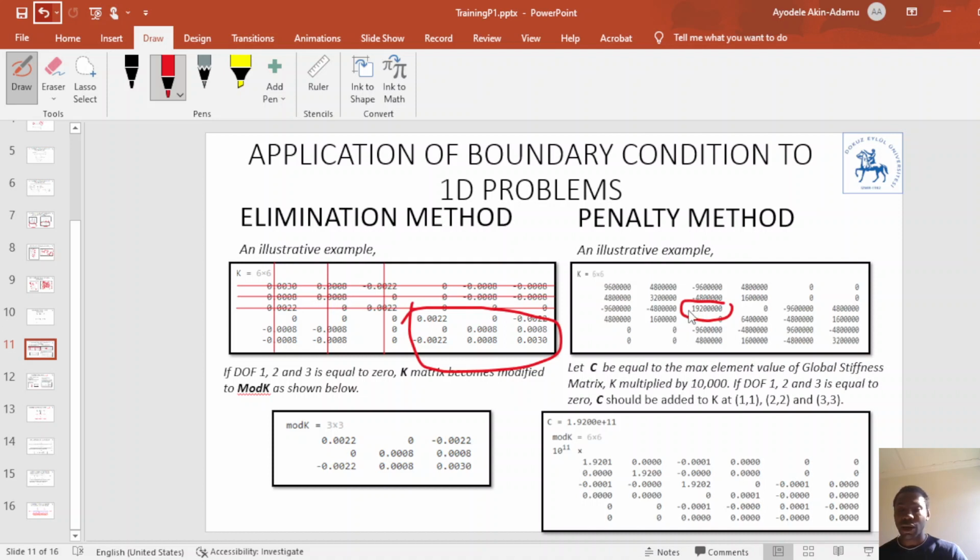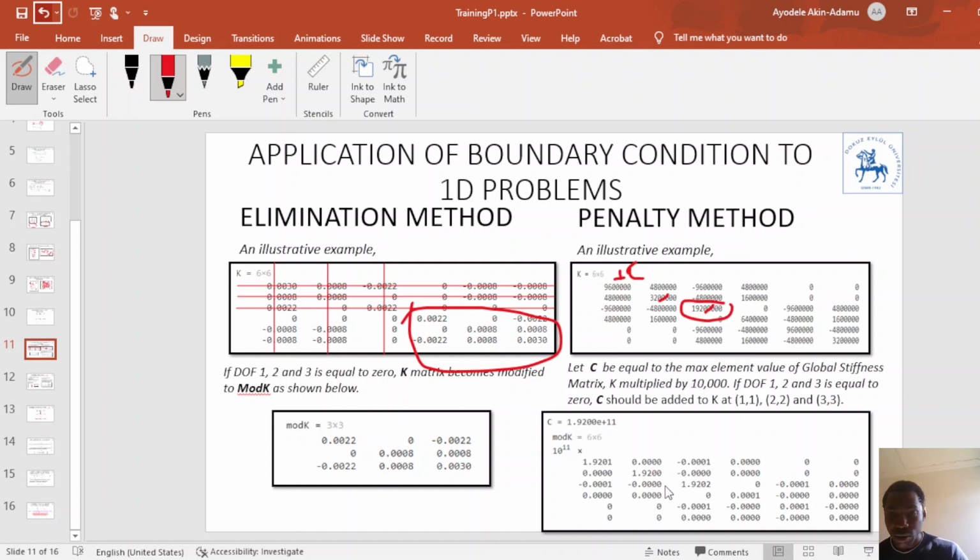In this example, assume the support degree of freedom is at node 1, node 2, and node 3. So I'm going to add C to K at position 1, 1, position 2, 2, and position 3, 3.